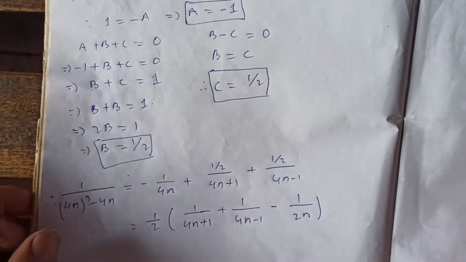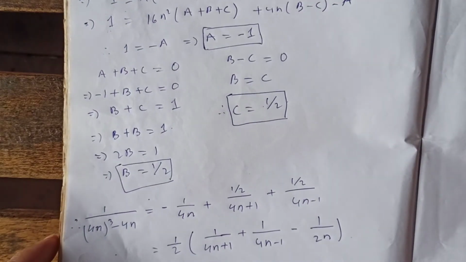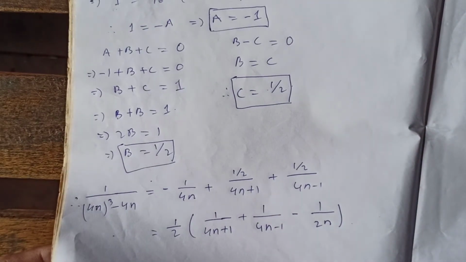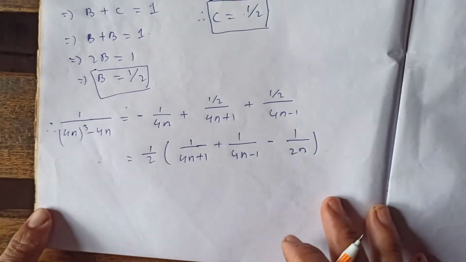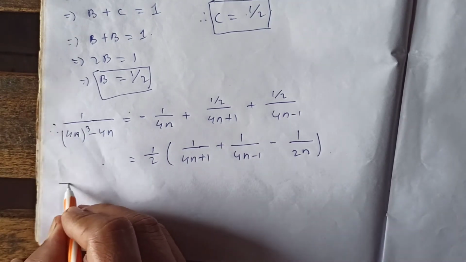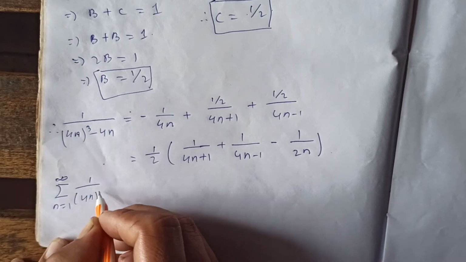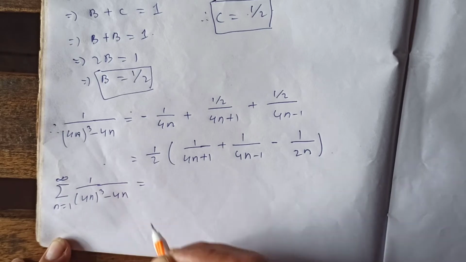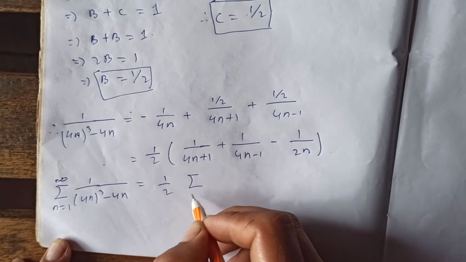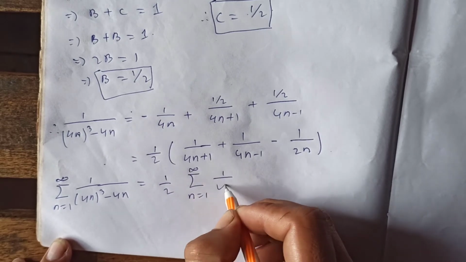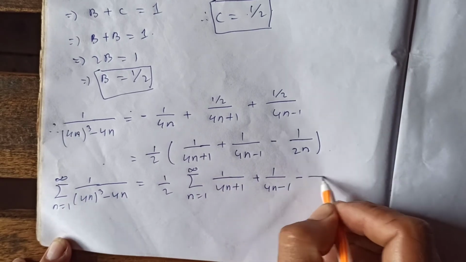So in this part of the summation, if you use partial fractions, we get this. Now we are going to sum up. The sum from 1 to infinity of 1 over 4n cubed minus 4n is equal to half, which I take outside, times the sum from n equals 1 to infinity of 1 over 4n plus 1 plus 1 over 4n minus 1 minus 1 over 2n.